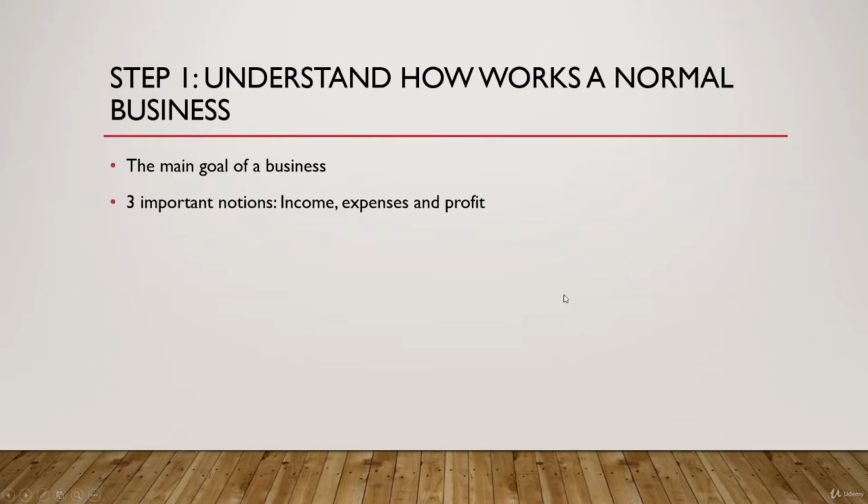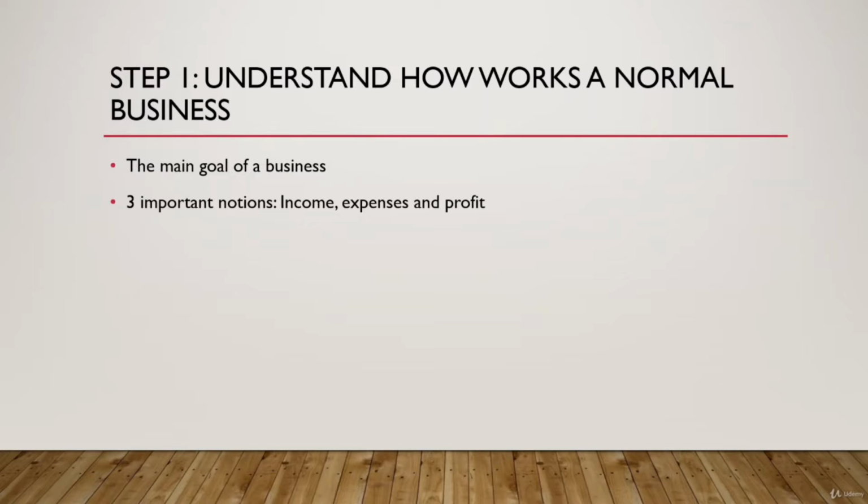The first thing that we have to see is how a normal business works. Let's take a store, for example. Your local store is a business. You have the place where all the products are stored.